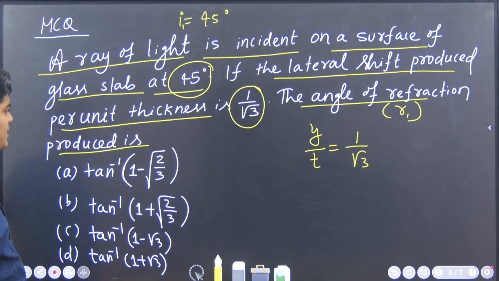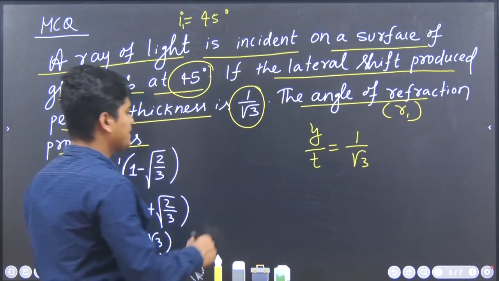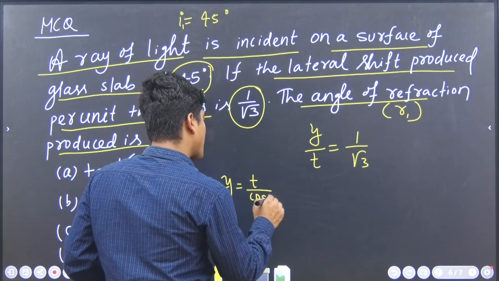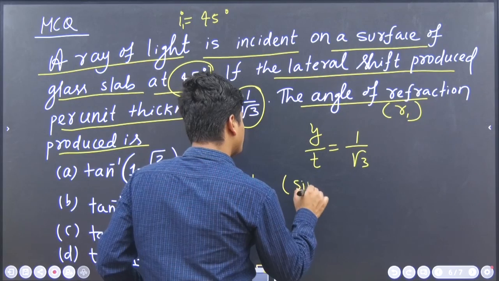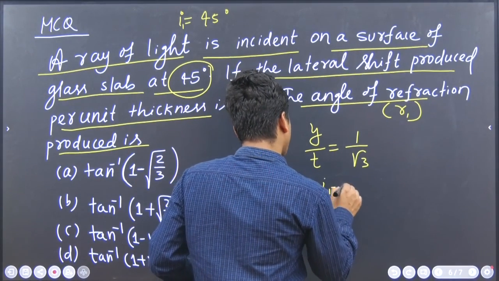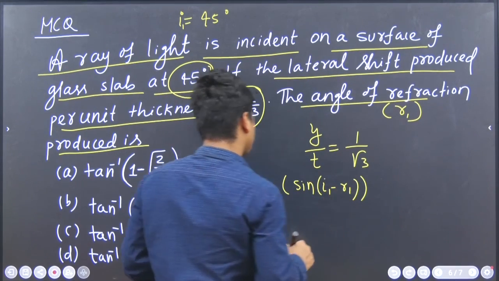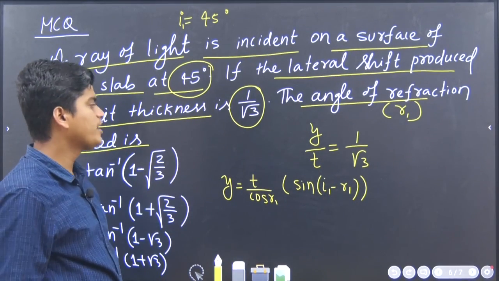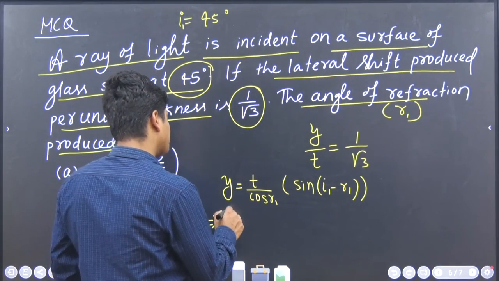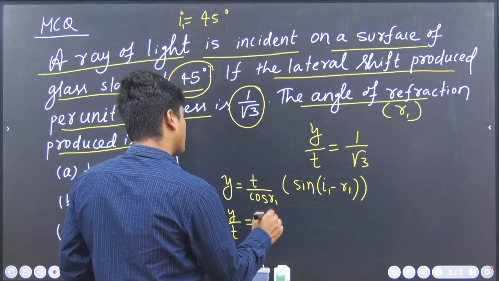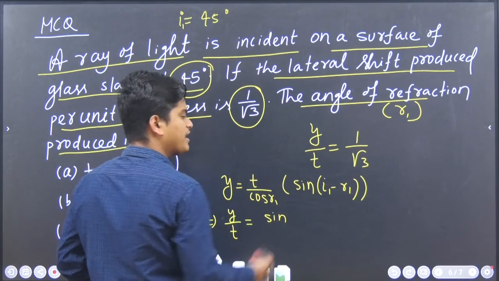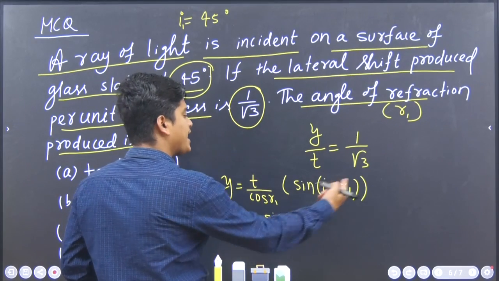Now understand clearly here. I can tell my y is equal to t by cos r1 into sin(I1 minus r1). This is the formula we have, and here they have given y by t. So y by t is equal to sin(I1 minus r1) divided by cos r1, which we can expand using sin(a minus b).